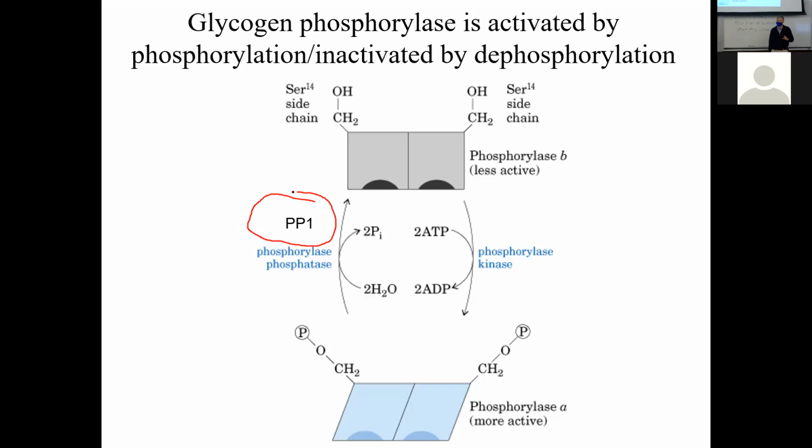Okay, we saw this enzyme previously with that bifunctional enzyme that produces or removes fructose 2,6-bisphosphate. We saw it with the hepatic form of pyruvate kinase, but here it is again. Insulin activates this PP1, which dephosphorylates glycogen phosphorylase and inactivates it.